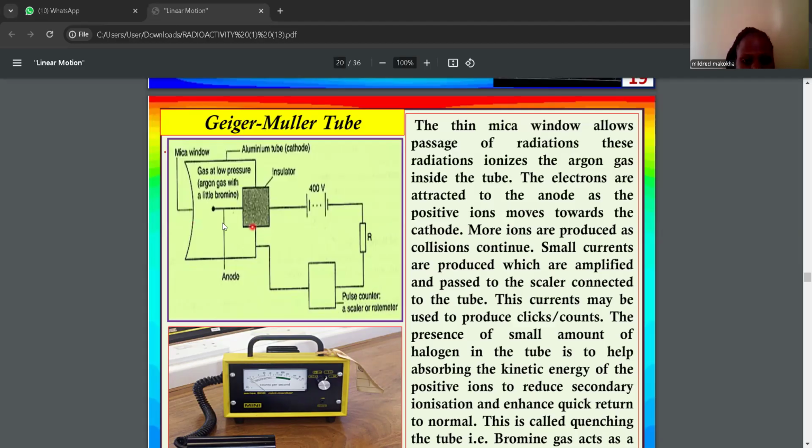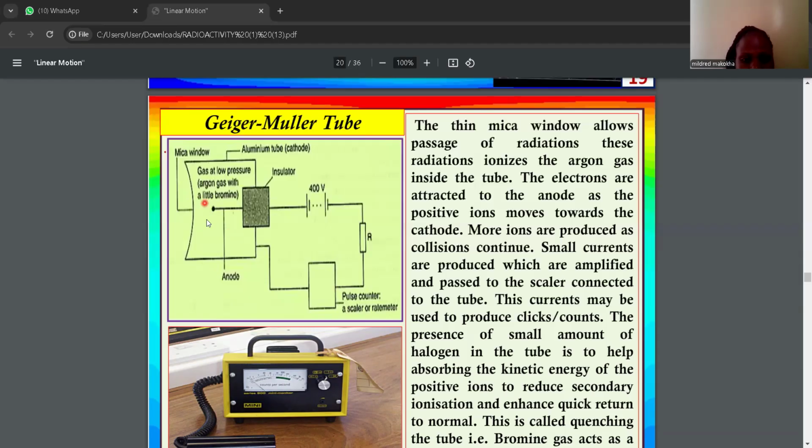On the right-hand side of this screen, when you have a radiation here, this Mica window allows the passage of radiations, and the radiations, while in the tube, ionize the argon gas. When argon gas is ionized, it results into two ions, the positive and the negative ones.